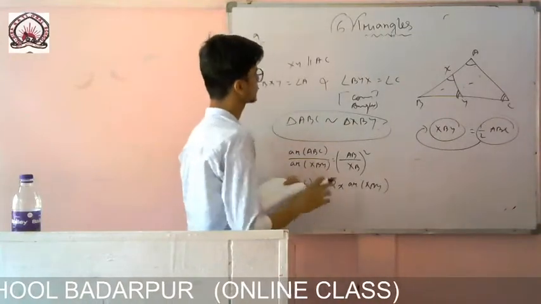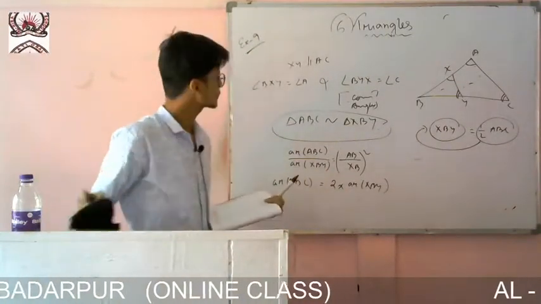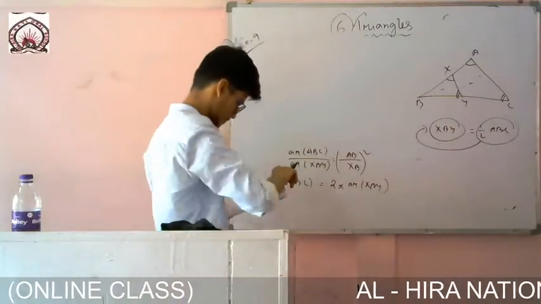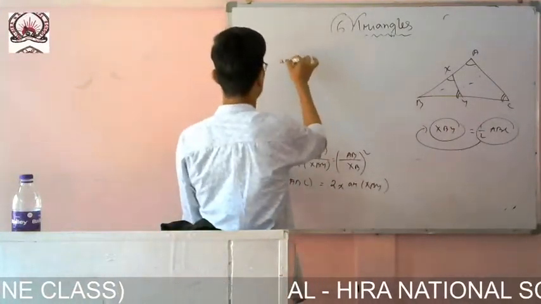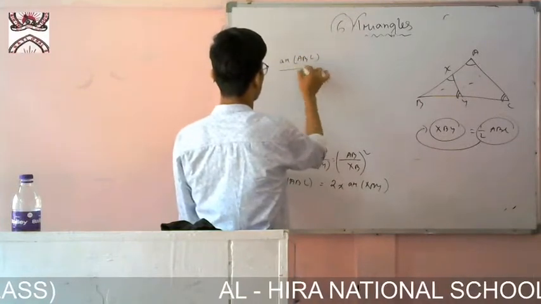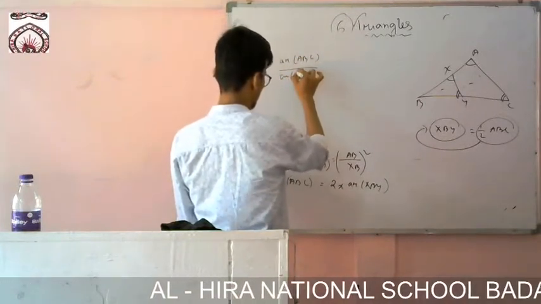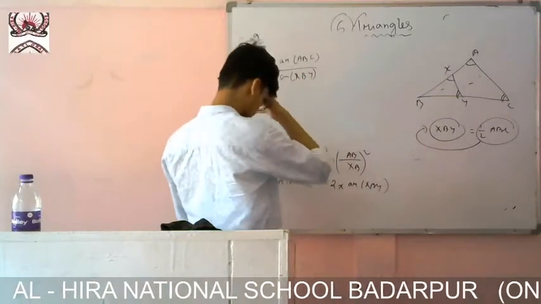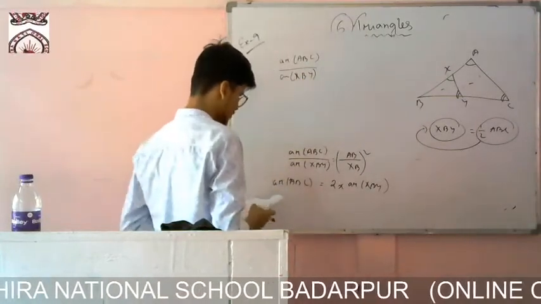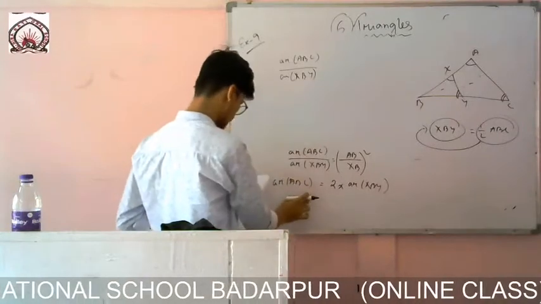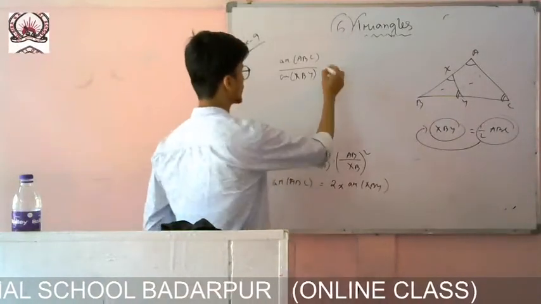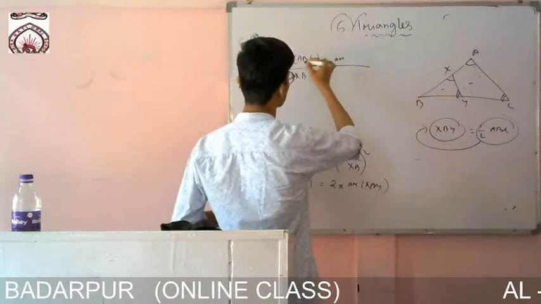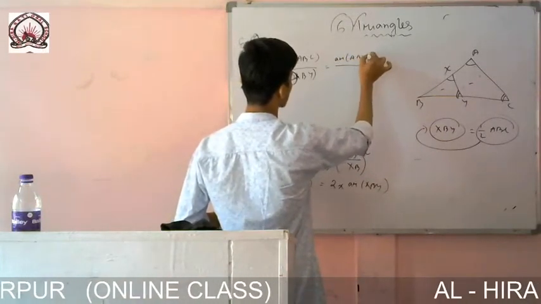So you see here, area of triangle ABC by area of triangle XBY, it is given AB by XB. If I try to find the area of these two triangles, these two are similar.